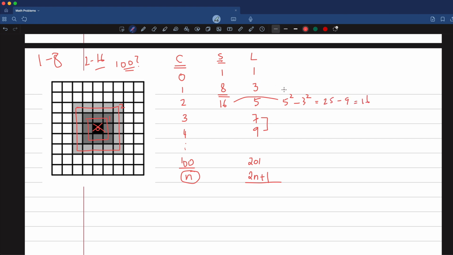Let's see if the same thing applies here. This would be 3 squared minus 1 squared, which is 9 minus 1, which is 8. By that calculation, the next one should be 7 squared minus 5 squared, which is 49 minus 25, which is going to be 24. Okay, so you can see the pattern here as well.